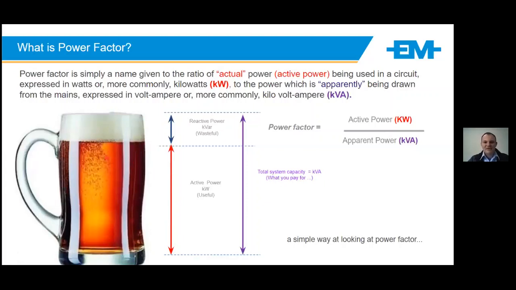This ratio is relatively simple. It's a number from a point something factor up to 1. Simply calculated, you would divide your kilowatt demand by the kVA and you would be left with a number. That power factor number, that ratio, is what we commonly use within all our calculations.